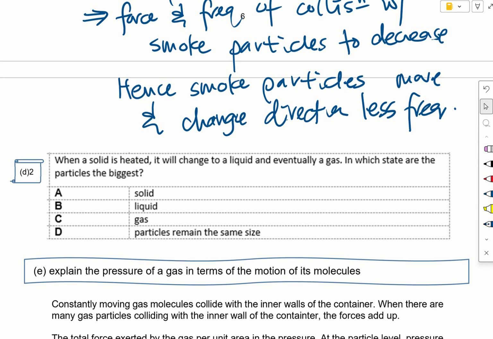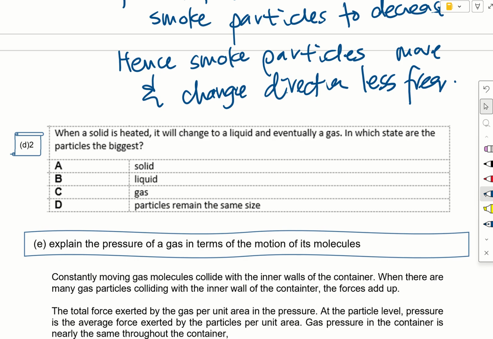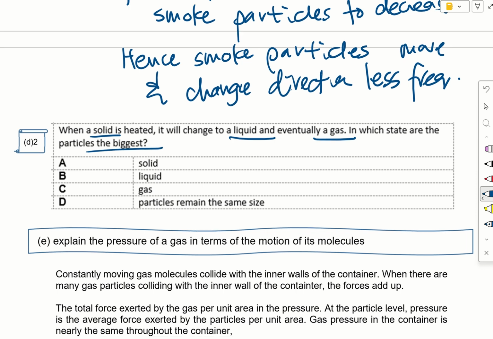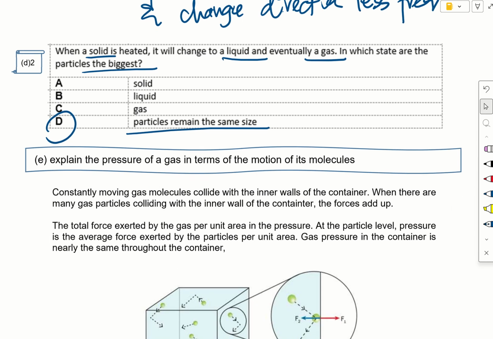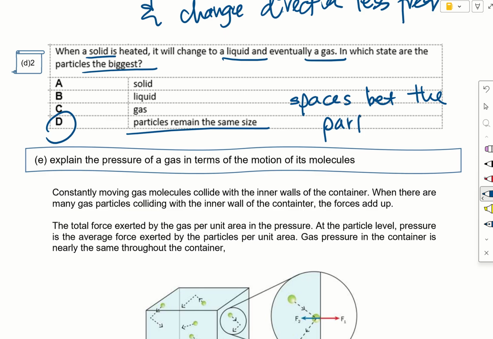Okay, question D2. When a solid is heated, it will change to a liquid and eventually a gas. In which state are the particles the biggest? Answer is D, the particles remain the same size. So when something expands, like solid expands, liquid expands, or gas expands, it is the spaces between the particles that increase.